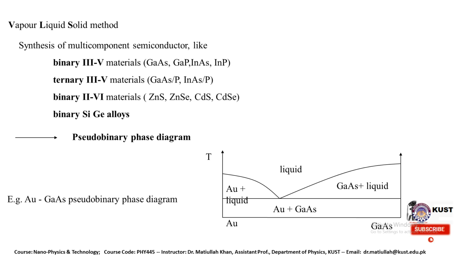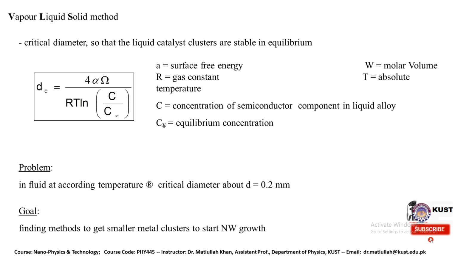They are combined, and there is a particular point where they are mixed with each other, and that particular material is prepared, and we can get the morphology from this particular process on this semiconductor material.